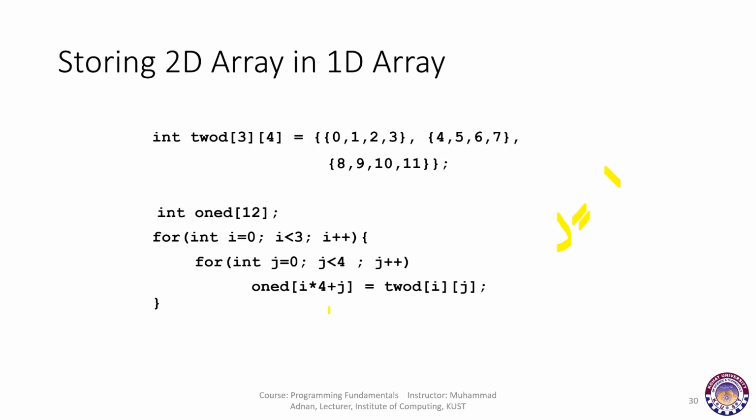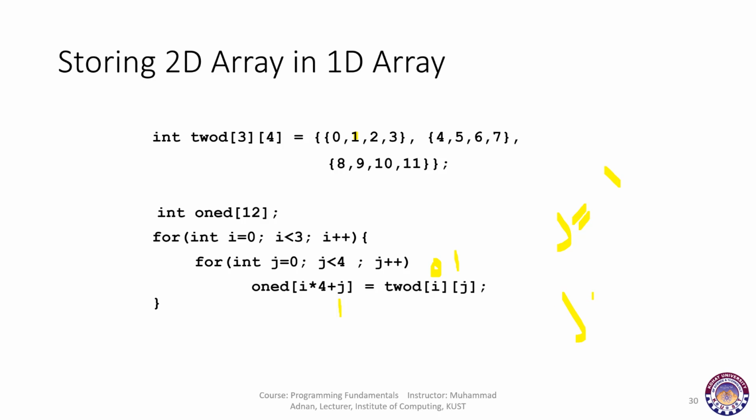So once again we evaluate this expression. j is 1 and the rest is 0. So at location 1 we store the 2D array at 0, 1. So 0, 1 is this value 1. And similarly, this loop iterates 4 times.